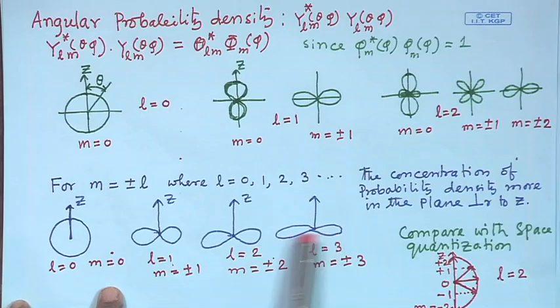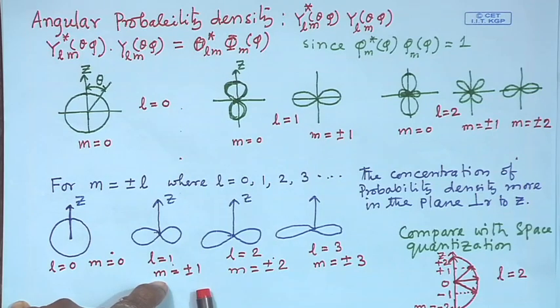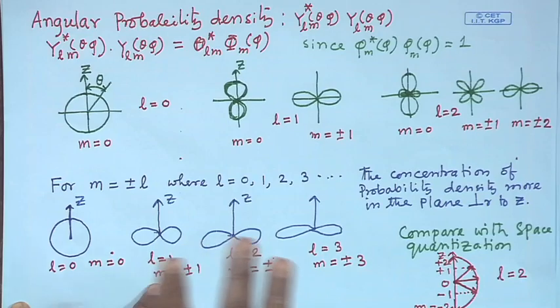For all values of m equal to plus minus L, the direction dependence of the probability to find the electron is only on the xy plane, the plane perpendicular to the z axis.